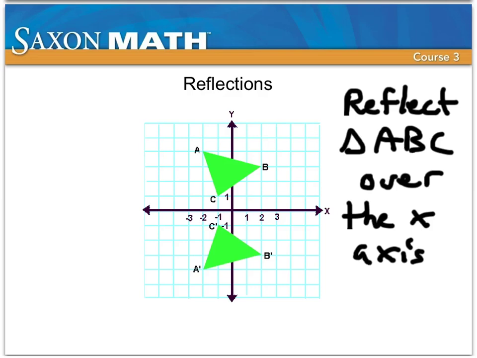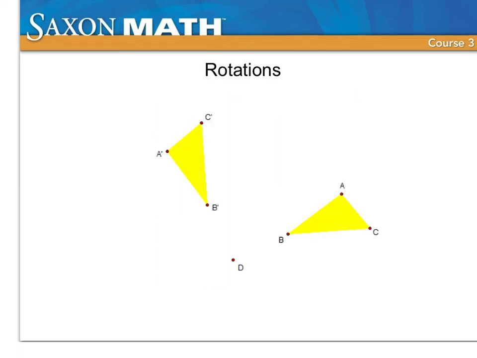Let's move on to rotations. Again, when we talk about rotations, we're talking about spinning, okay, or turning. So I'm going to turn my triangle about a point. Now I can turn it about a point on the triangle, so like I could just take it and spin it over B, okay, where B doesn't move, I just spin the shape itself. Okay, or I can take it and turn it around a point that's outside.